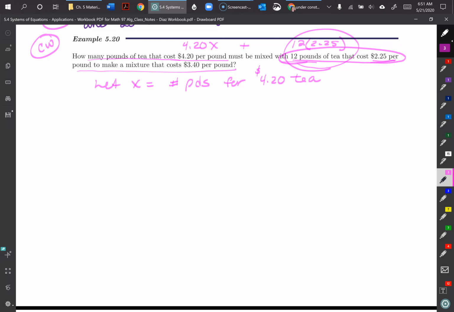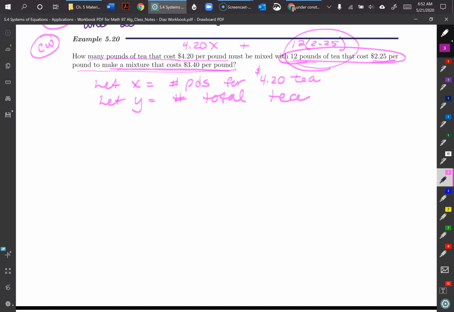But what we don't know is how much we're going to make total. So our y there is the total pounds. So a little different.